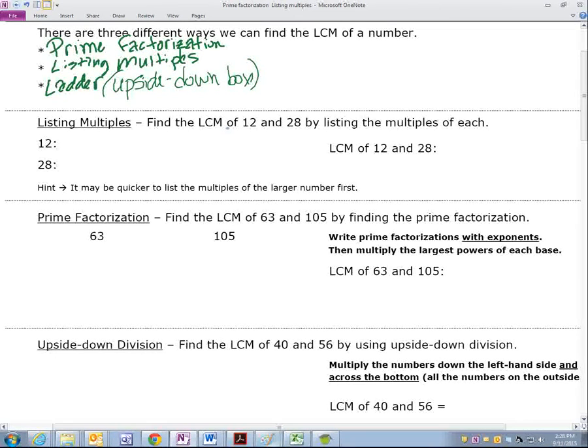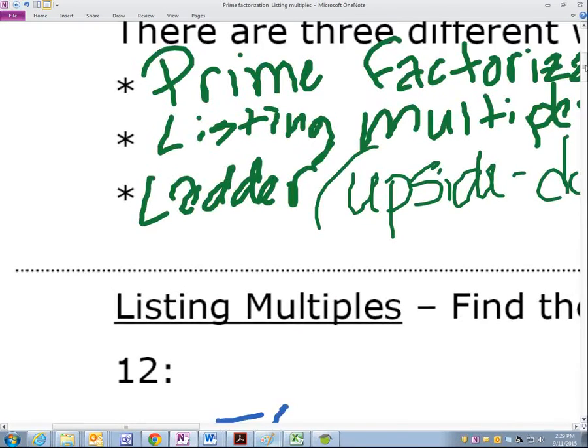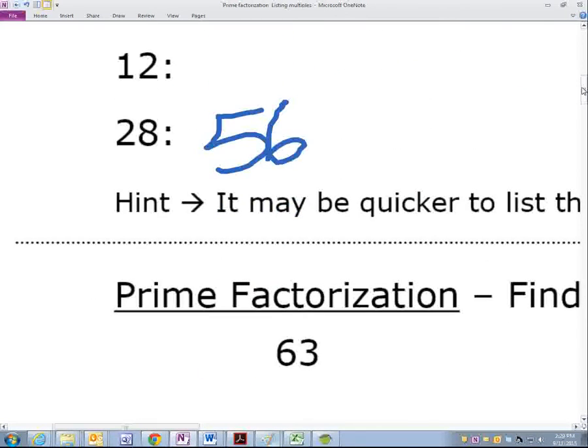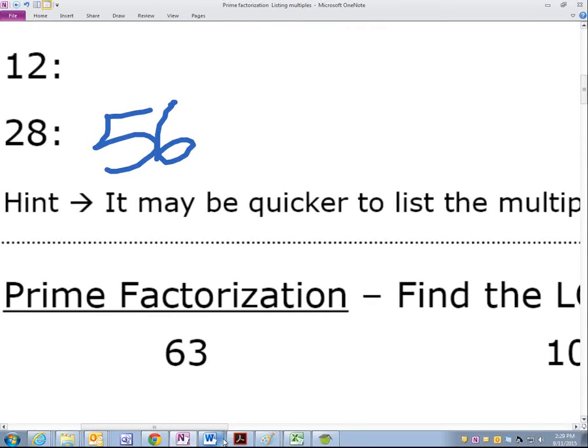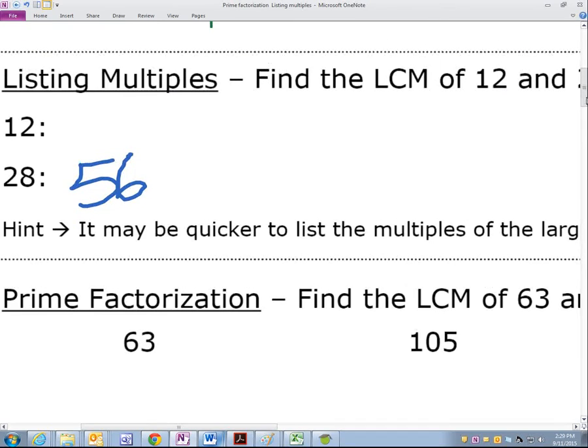Here we go. 28, I'm going to add 2 less than 30, and 30 would be 58, so that one's 56. I'm going to go ahead and zoom in. 56.